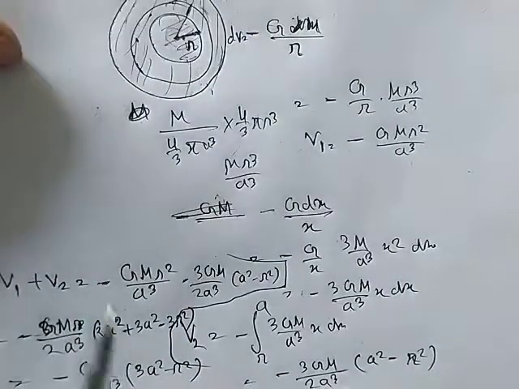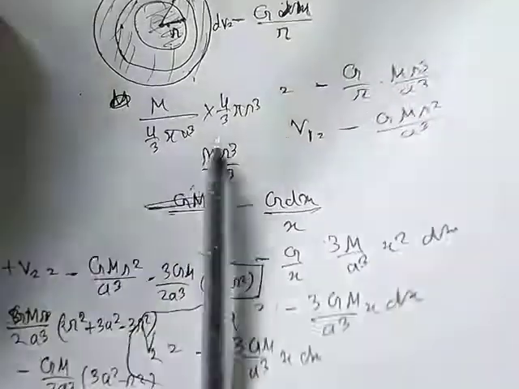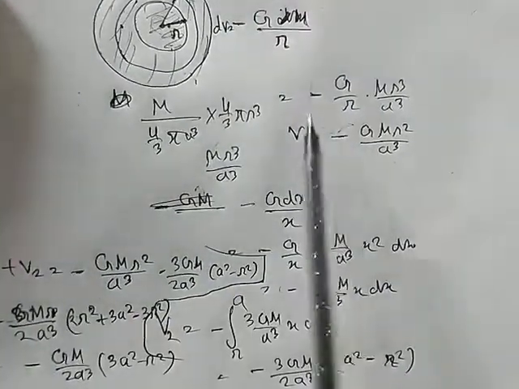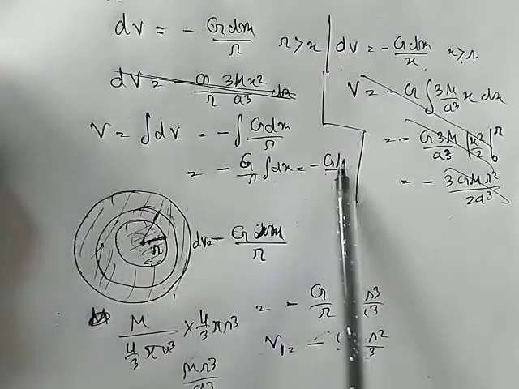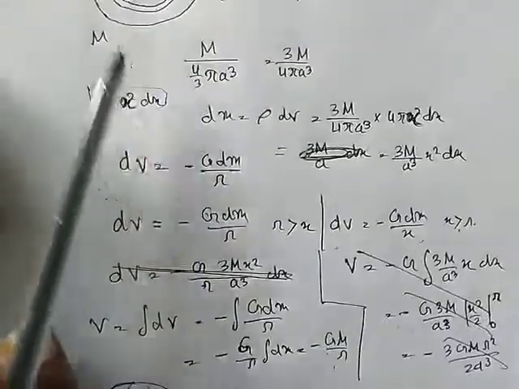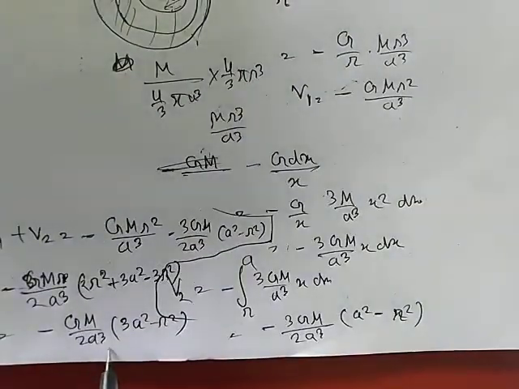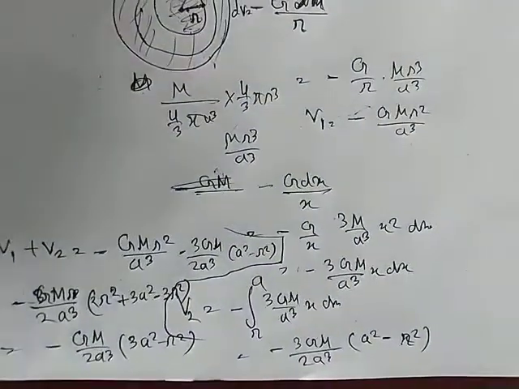So we have found this. The potential at an outside point is minus GM by r, where m is the total mass and r is the distance. But at an inside point the potential will be minus GM by 2a cube times 3a square minus r square. I hope you understand this, and let us move on to the next topic.